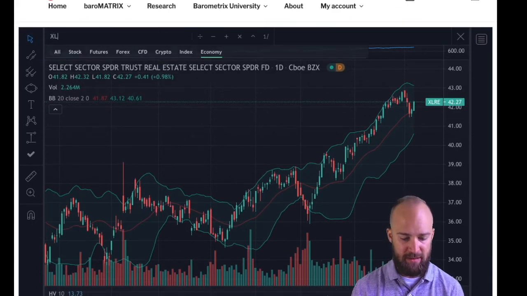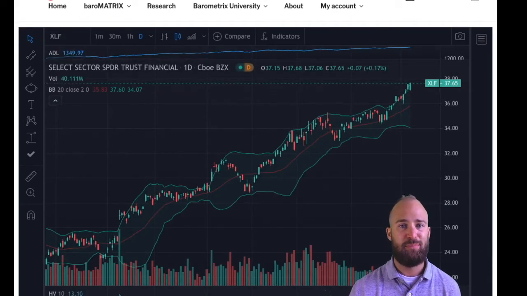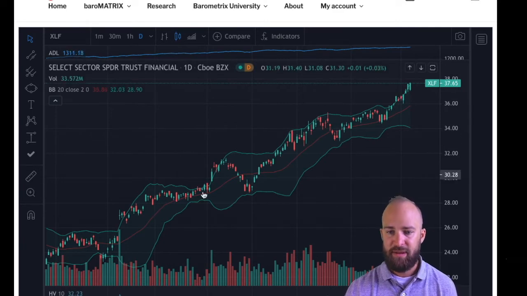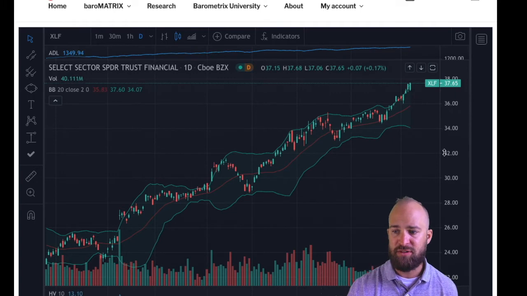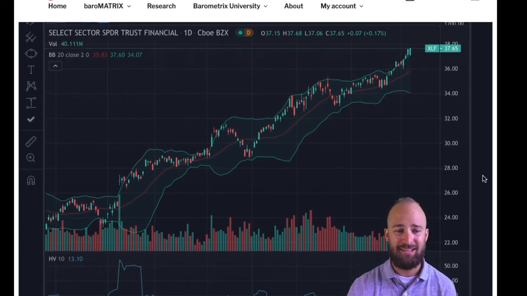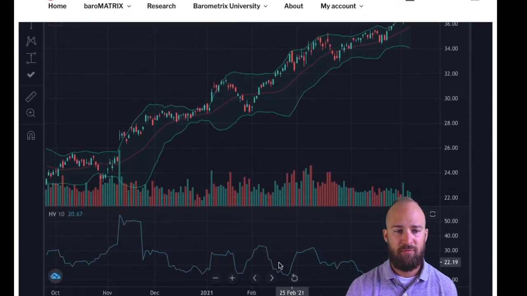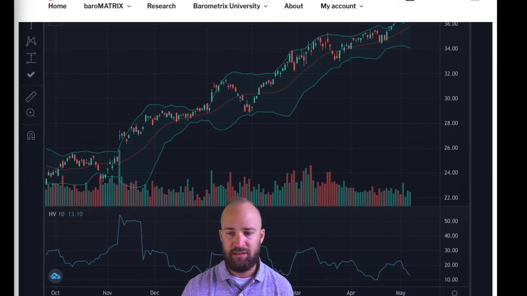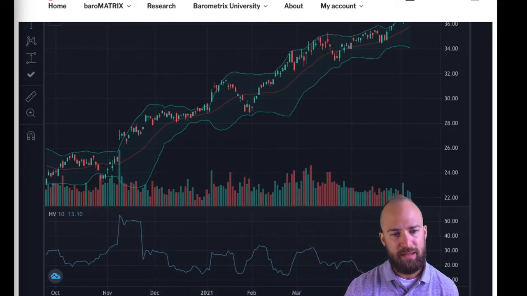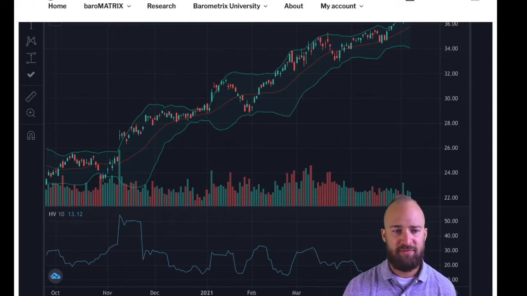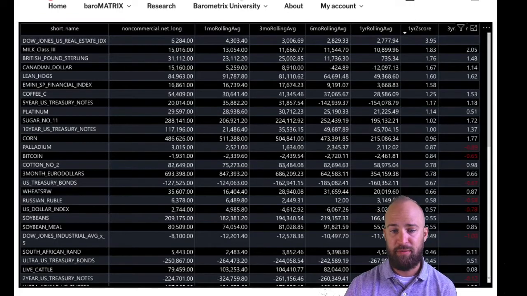Looking at XLF, which is the Select Sector SPDR Financials ETF. Same thing, where price has just skyrocketed near the top end of its range, doing really well as yields have edged higher. Volatility relatively low and moving down as price has moved up. So really positive signs in the financial sector as well, which probably warrants that net long position here in the commitment of traders reports.